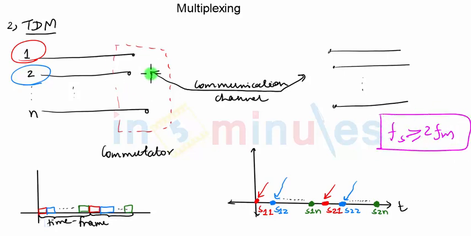So when we take these samples, we have to make sure that the switching takes place such that we read the required number of samples in 1 second. In 1 second, there will be multiple time frames, and in each time frame there will be one sample from one signal.